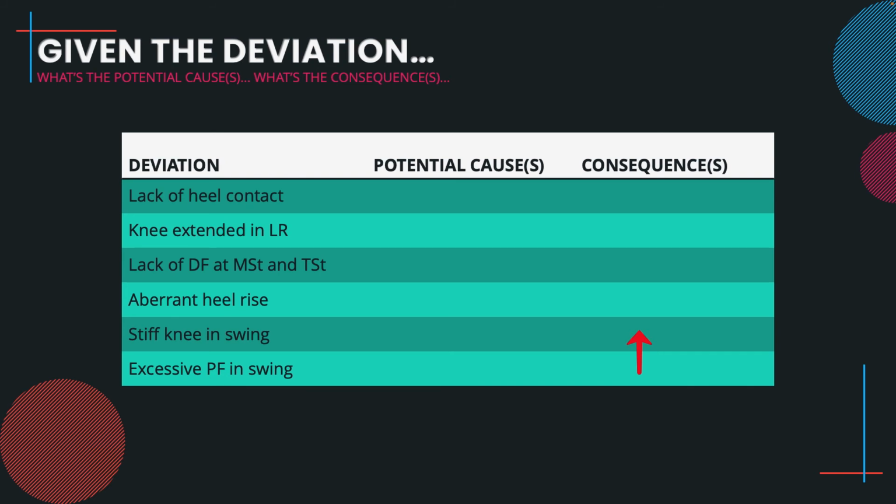So then finally, if we're seeing excessive plantar flexion during swing phase, this could be due to weakness in your pretibials, could be due to a plantar flexor contracture, plantar flexor spasticity, or lack of selective dorsiflexor control. And the result of this is that it would interfere with foot clearance and interfere with foot position for initial contact.